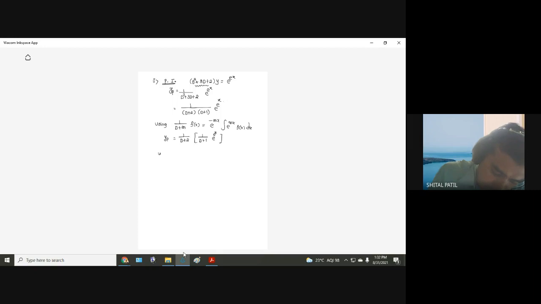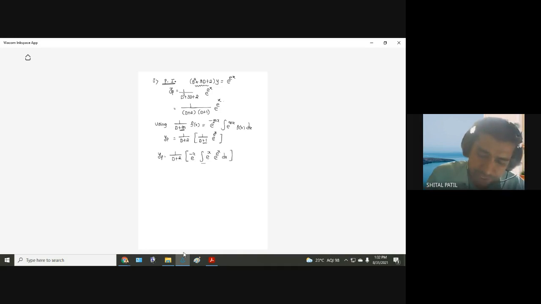So y of p equal to, keep 1 upon D plus 2 as it is. As in this case plus m is converted into minus m, here we have plus 1, that will be converted into minus 1. Inside the integral, e raised to minus x will become e raised to plus x, and whatever the function is, e raised to x dx.